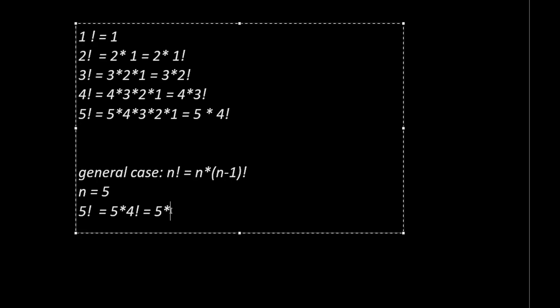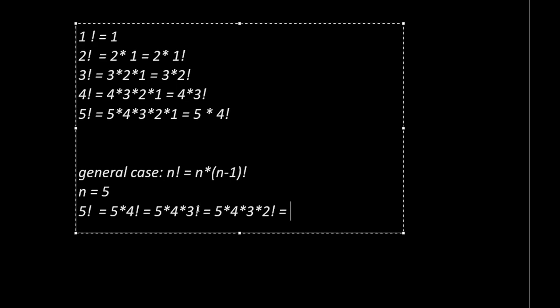Again, 4 factorial is 4 into 3 factorial. I just write the previous value as it is, and again I find 3 factorial, so 5 into 4 into 3 into 2 factorial.